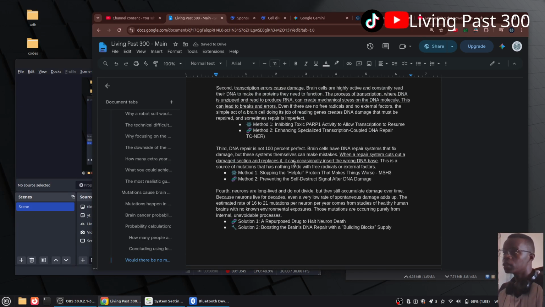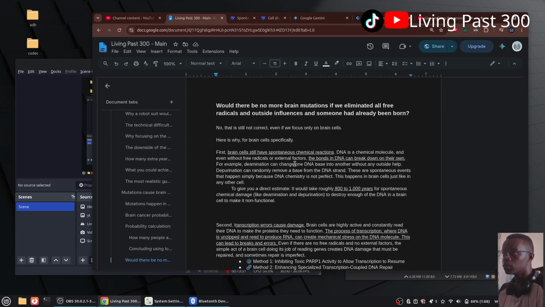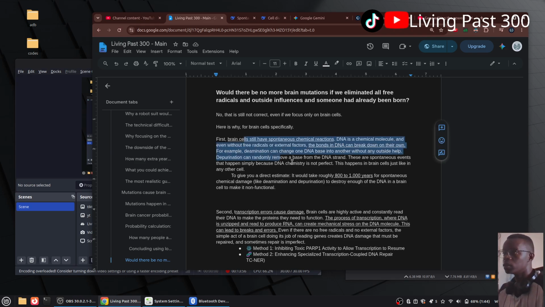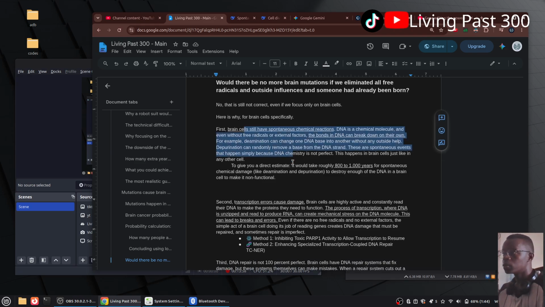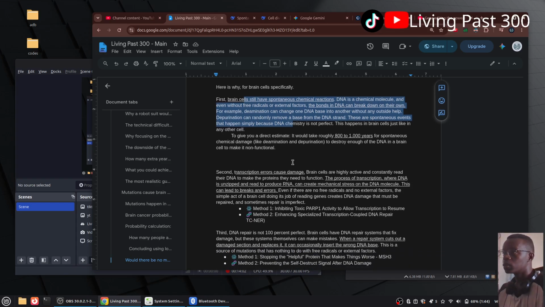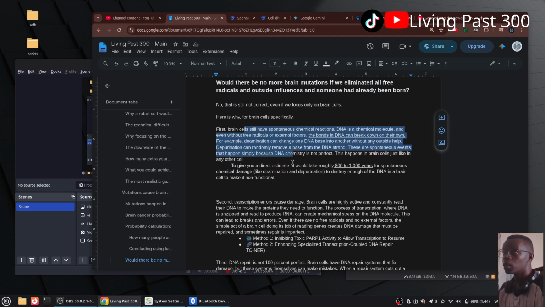So we are doing all of this to help the brain cells live longer, to avoid the radicals, to avoid the fact that there might be imperfections in DNA replication inside of our brain cells that can lead to cancer.